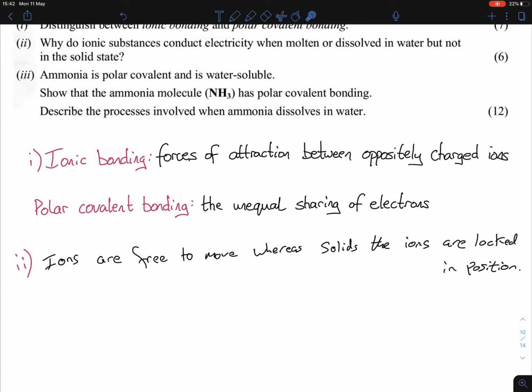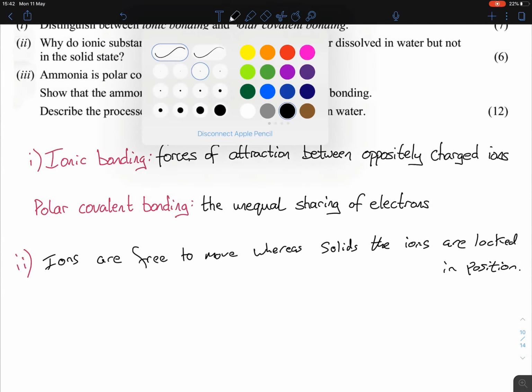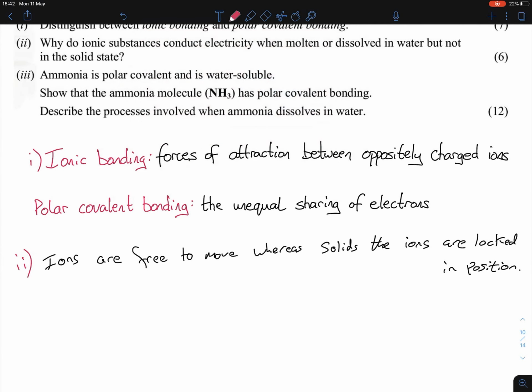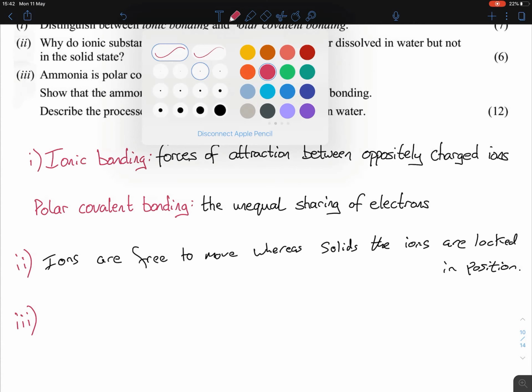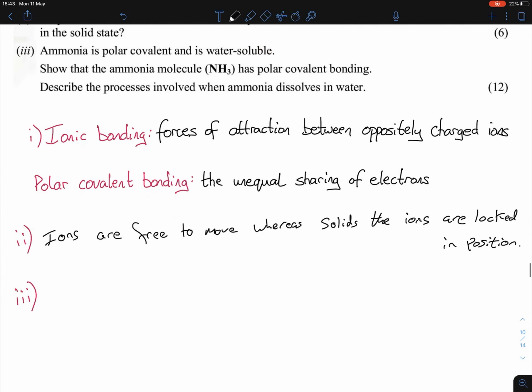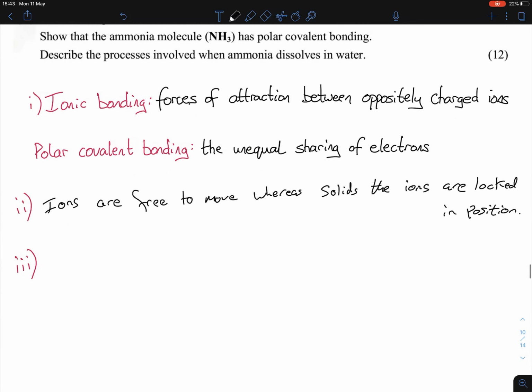Okay. Part 3. So part 3 is asking us there about ammonia, which we've seen a few times now at this stage. Ammonia being NH3, you have to turn it off, but you're told it's here anyhow. Show that ammonia has polar covalent bonding. Well, if you want to show if it's polar covalent or non-polar covalent, or even ionic for that matter, so if you're not sure, we go back to those electronegativity values. So we have nitrogen here, we have hydrogen here. So hydrogen is 2.1, I remember that.